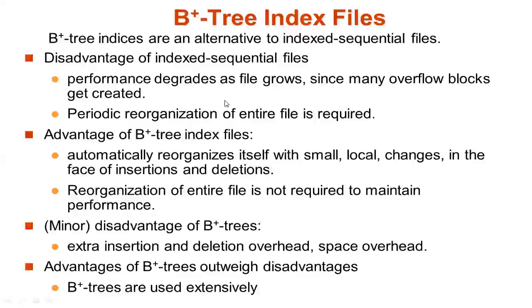Based on the search key and the tree branches, you focus only on that particular branch, so you can eliminate the maximum number of comparisons when you do manipulation with the search tree. It automatically reorganizes itself with small local changes in the case of insertions and deletions.